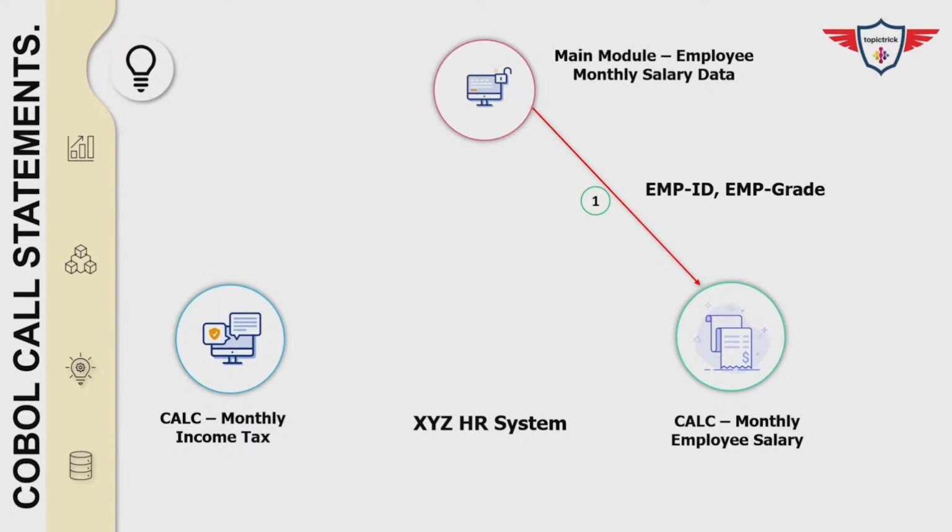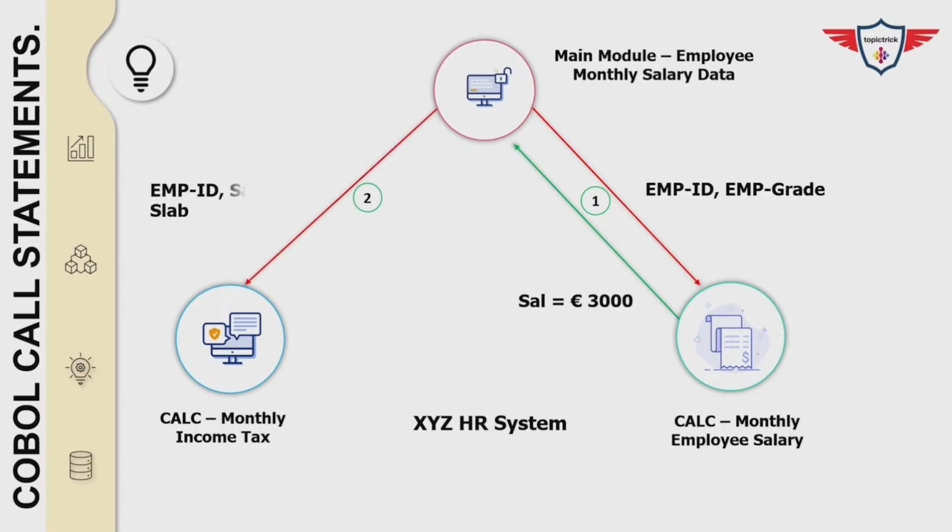In the first call, the main program passes EMP ID and grade as an input to the subprogram. The subprogram calculates the employee's salary and returns the value to the main program. Similarly, in the second call, the main program passes employee ID, salary and tax slab as an input to the second subprogram. The second subprogram calculates the tax and returns the value to the main program.